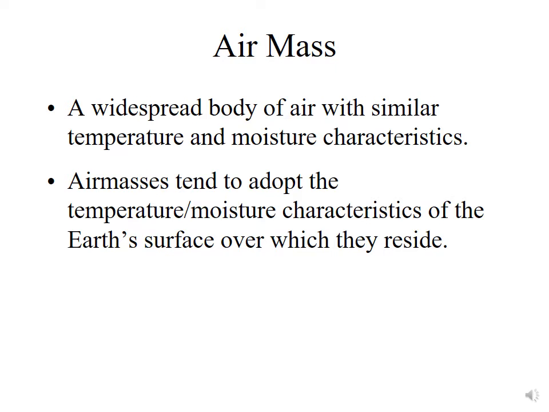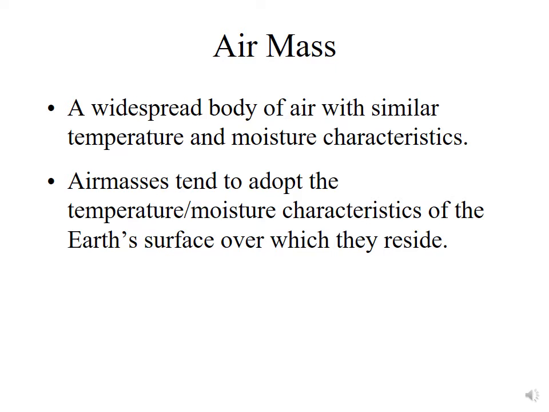And so if you put cold air over a warm surface, the air mass is going to warm up from heat that is being derived from convection and conduction with the warm surface. And if you put a warm air mass over a cold surface, then the heat is going to flow from the air to the surface and the air mass is going to cool off.